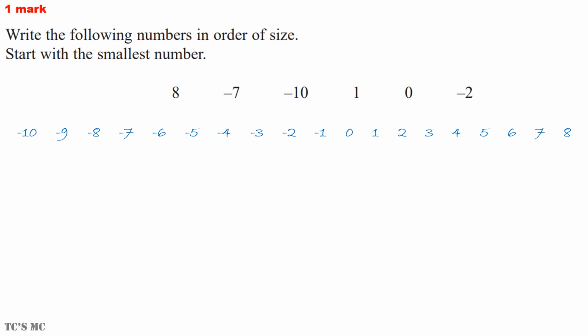I can see that 8 is over here, -7 is over here, -10 over here, 1 is over here, 0 is over here, and -2 is over here. Now I can clearly see the correct order. So my order should be -10, -7, -2, 0, 1, and then 8. For having them all in the correct order, I would get my 1 mark.